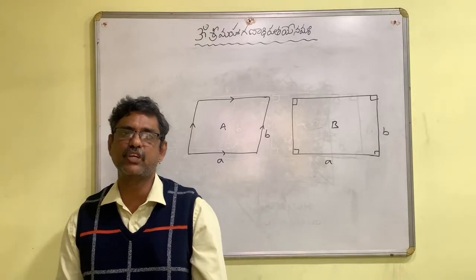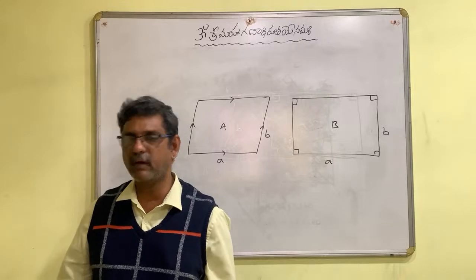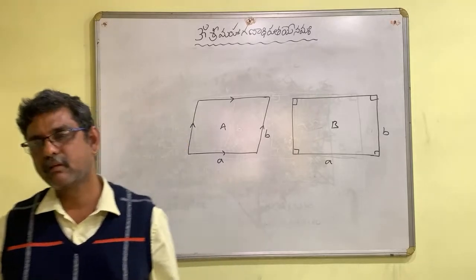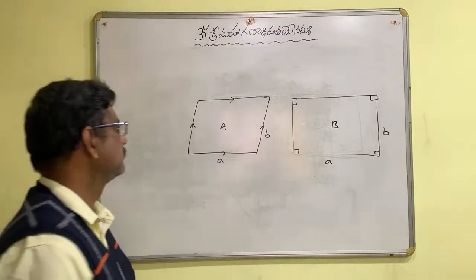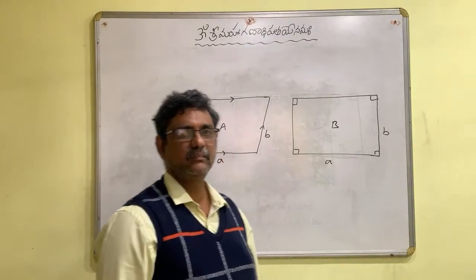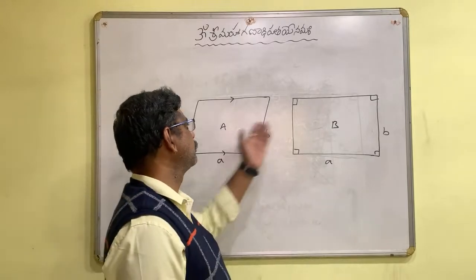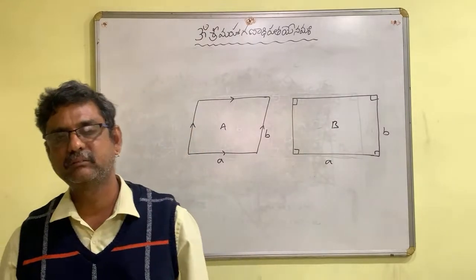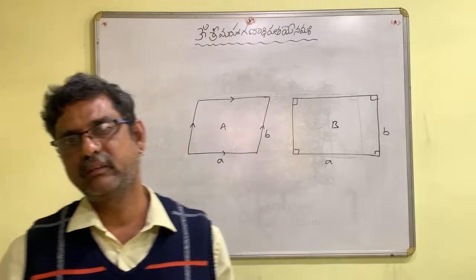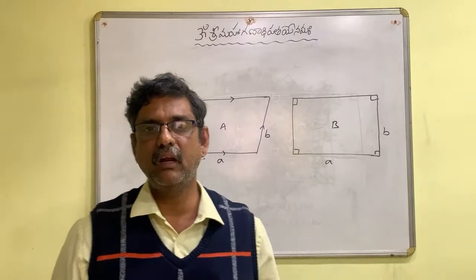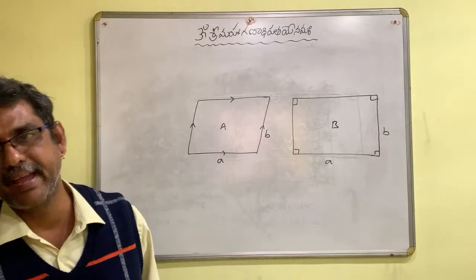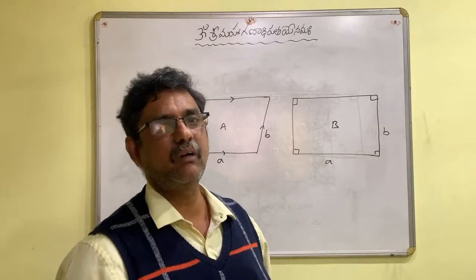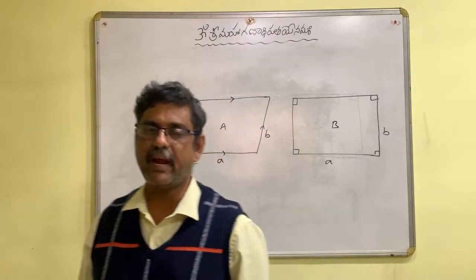The question is which is greater and why? Whose area is greater? What is the relation between these two? Are they equal or not equal? If they are not equal, which is greater? If they are equal, why? This is what we have to understand.